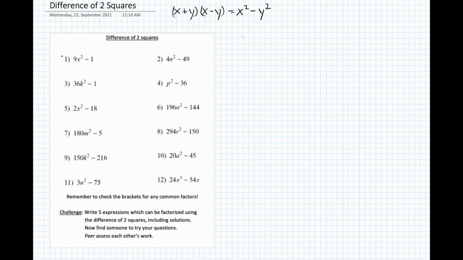So for example, here in this first exercise, this might not look exactly like the binomial formula, but if you open your eyes you can see the 9 is actually the same as 3 squared, so you can rewrite this expression as 3x all squared minus 1, which is 1 squared.